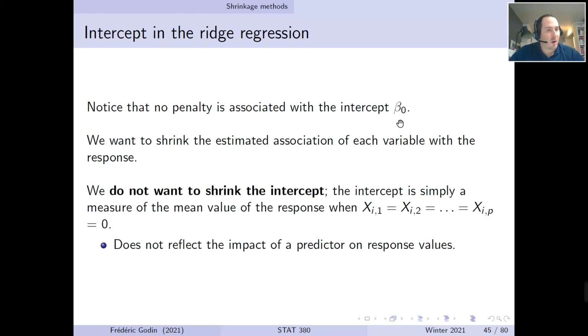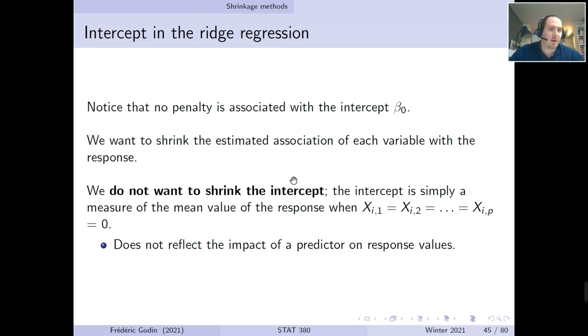Now a quick detail here. We noticed that in the previous ridge regression, no penalty is associated with the intercept. This is the traditional approach followed. It would be possible to penalize beta 0, but often it's deemed undesirable because the idea of the shrinkage method is that we want to reduce the association between the variables, the predictors, within our regression.